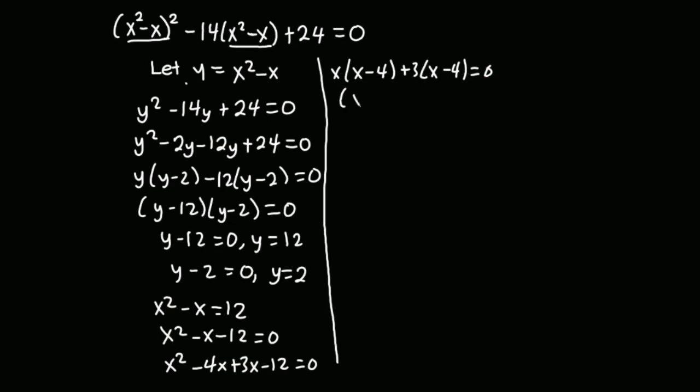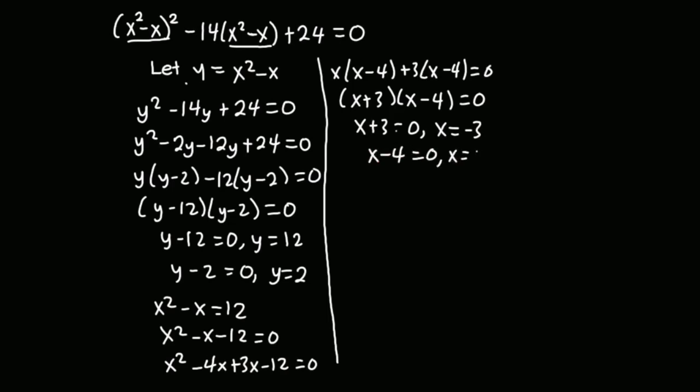And so we have (x plus 3)(x minus 4) is equal to 0. This gives us x plus 3 is equal to 0, where x is equal to negative 3, and x minus 4 is equal to 0, where x is equal to 4. So we've gotten two values of x when y is equal to 12.